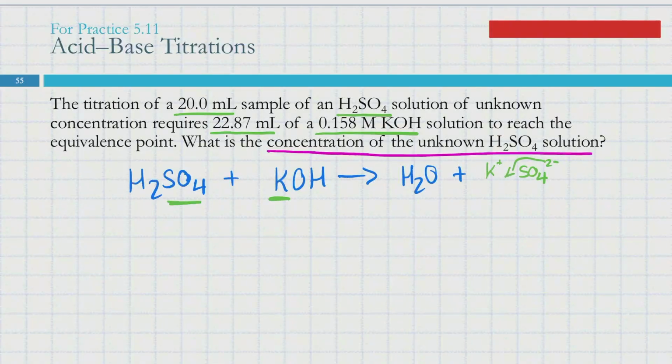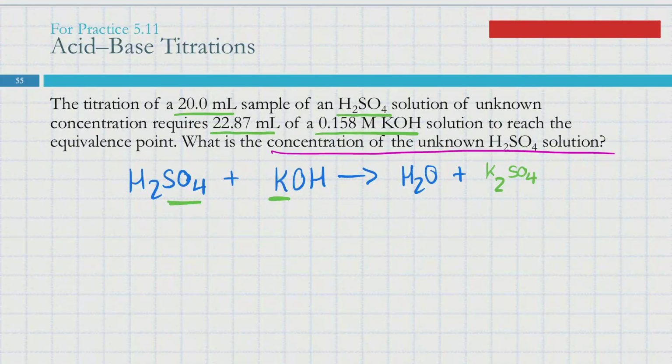We are going to need 2 potassiums. So it's K2SO4. Okay, so K2SO4 is our other product. Is this balanced? No, it's not balanced.